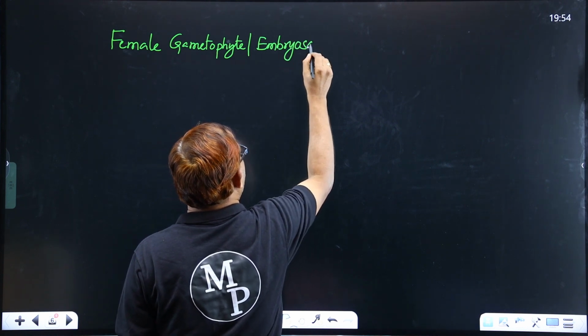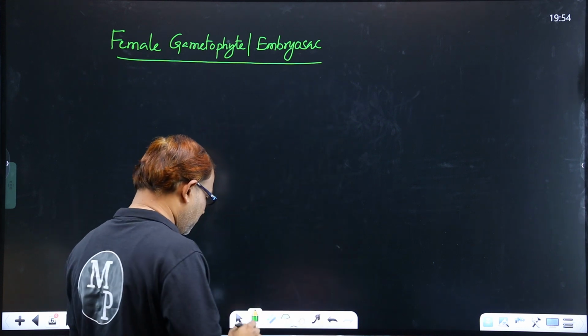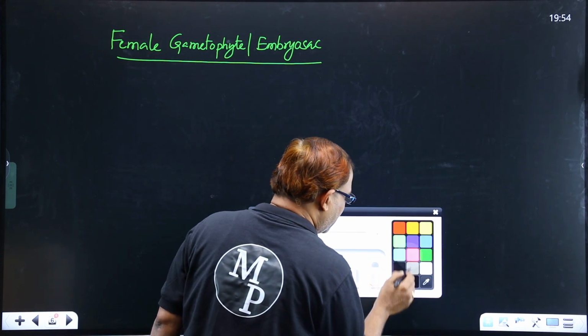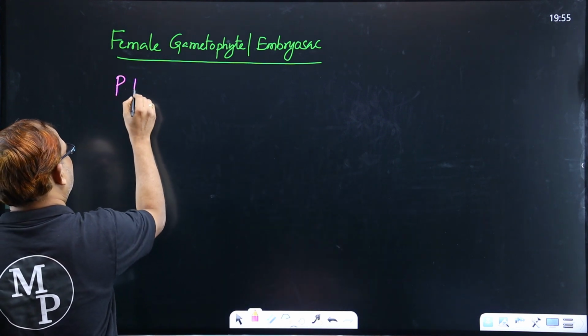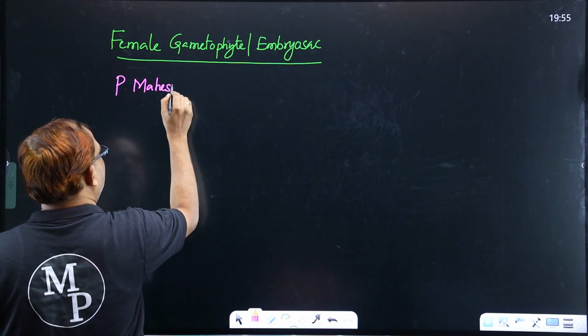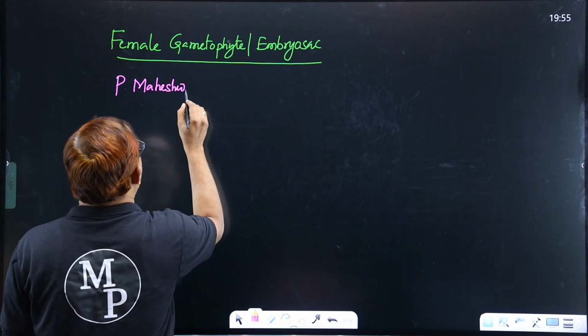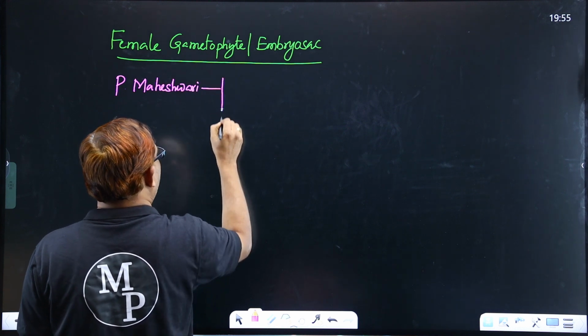Panchanan Maheshwari is one of the very important scientists. So P Maheshwari classified the embryo sacs.